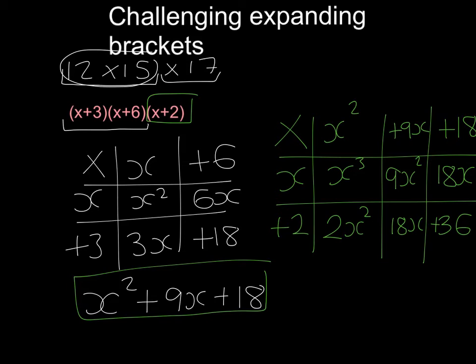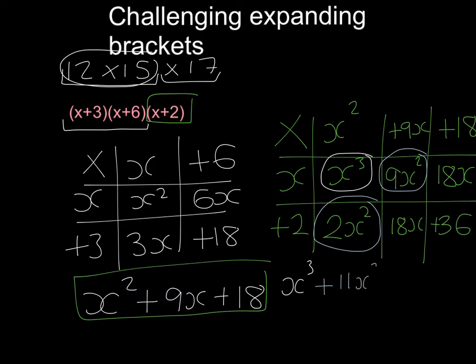You just then need to go and collect your answers. So if we first look at x cubed, are there any other x cubes to collect with? No. So we've got x cubed as our first term. Then go on to the next powers, which is squared. So we've got 9x squared and 2x squared. That's going to give us a total of 11x squared.